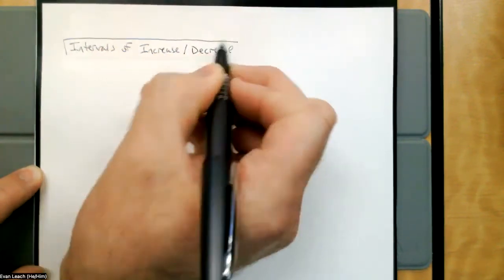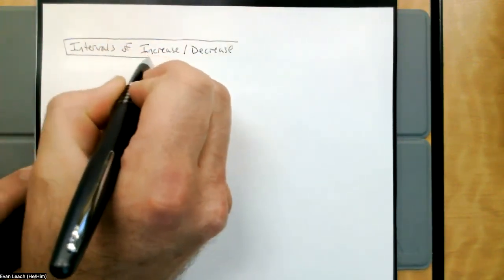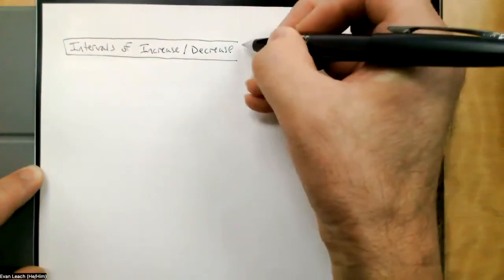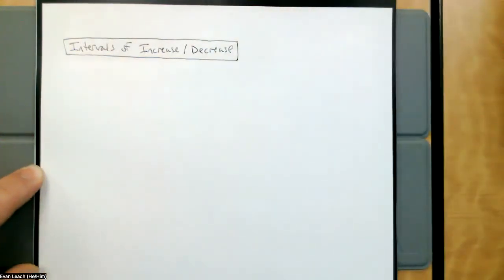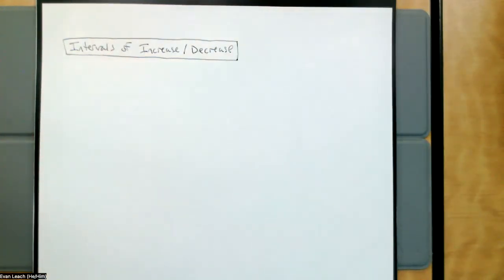Here's another important thing that the derivative will tell us. The sign of the derivative, I'm going to actually start using first and second and whatnot, but the sign of the derivative tells us if the function is increasing or decreasing.